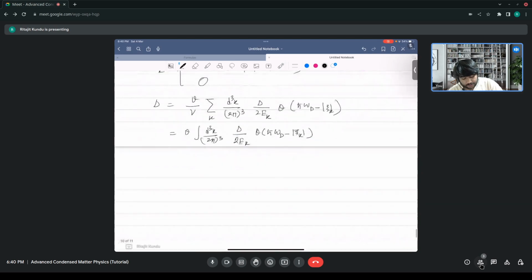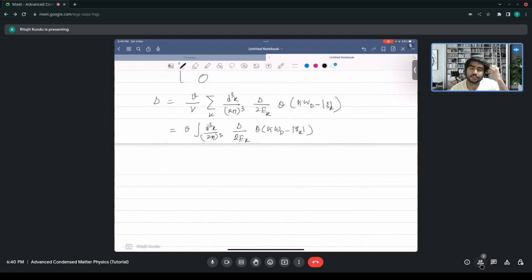Now we can change this momentum integration to an energy integration by introducing the density of states. Then this integration becomes something like d epsilon g of E, and then delta over square root of xi square, or let's say E square plus delta square. So I have changed this integration from a momentum integration to an energy integration.